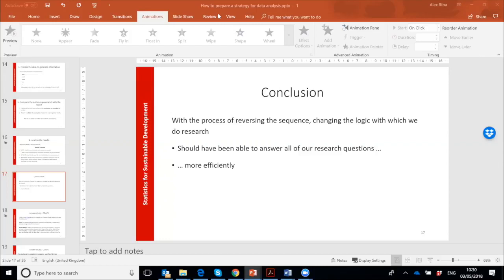So I wanted to know if it makes more sense to analyze the results first and see what story the results tell us before adding more information to the other sections of the report or the publication. Because sometimes you go through your data analysis, but you've already written some sort of introduction, and you've provided a lot more information in your methodology section.